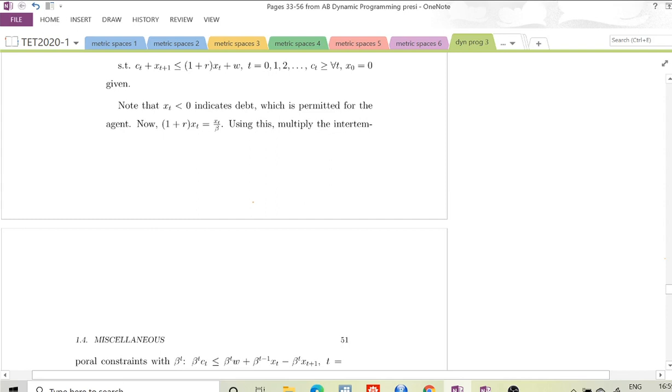So I have c_t less than or equal to w plus x_t by beta minus x_{t+1}. It's the same constraint. And then I multiply through by beta to the t. So I have beta to the t c_t less than or equal to this.